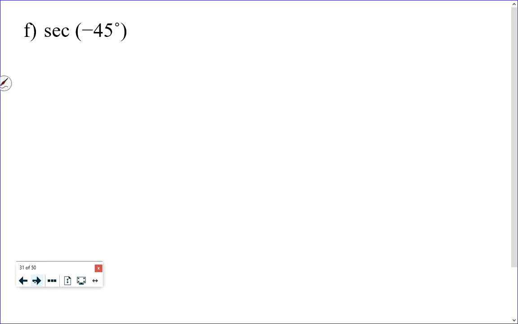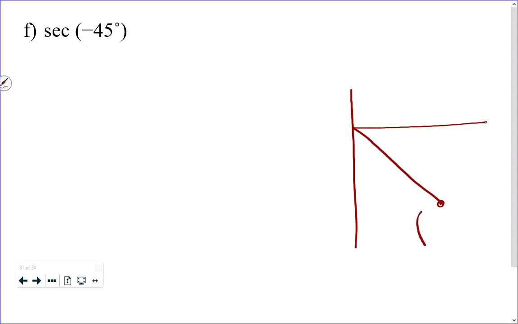Secant of negative 45 degrees. Well, I don't want to rush things, but really, you should know almost immediately that we're talking about 1 over root 2, comma, negative 1 over root 2 here at negative 45 degrees.